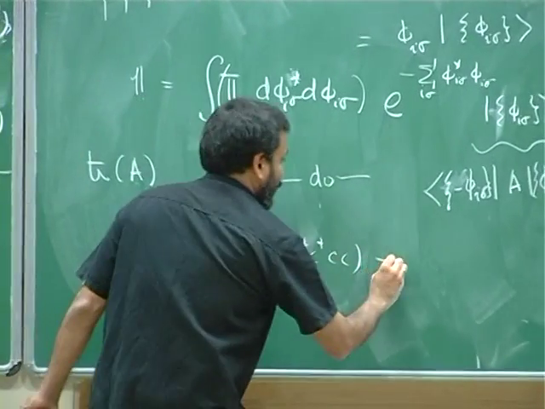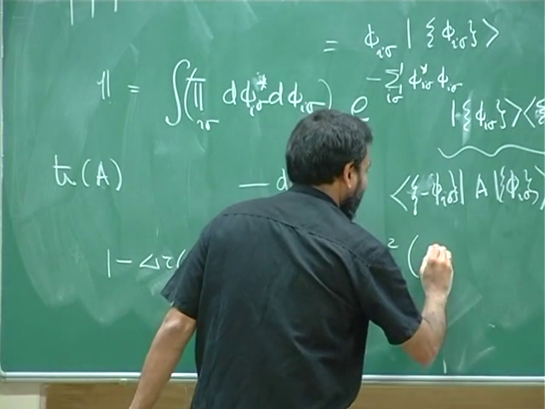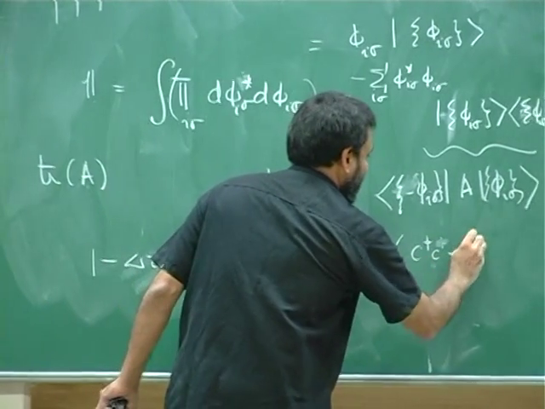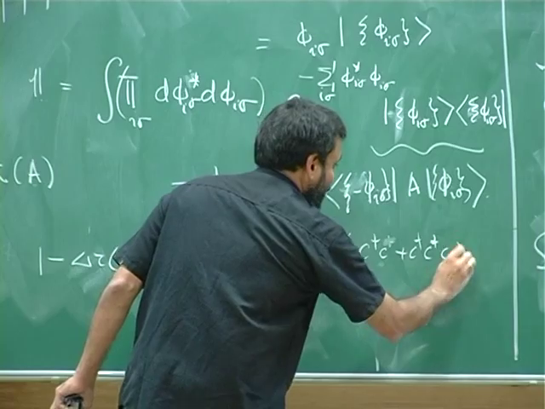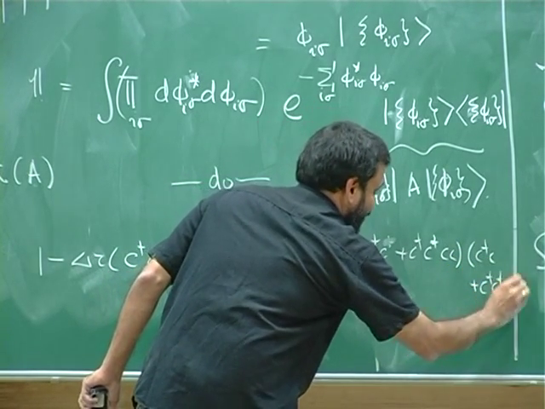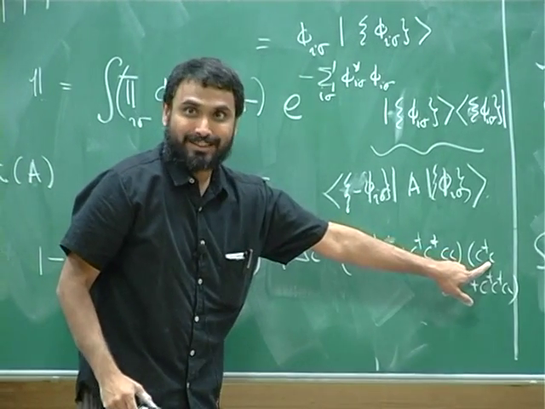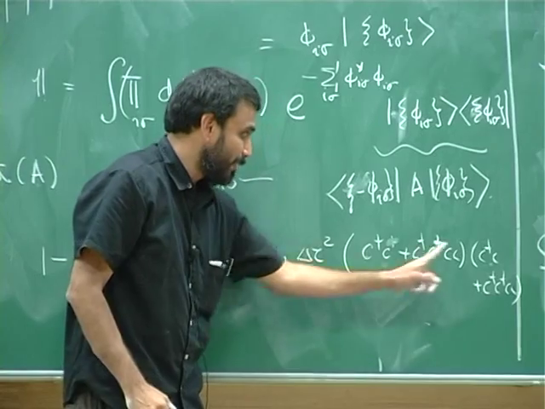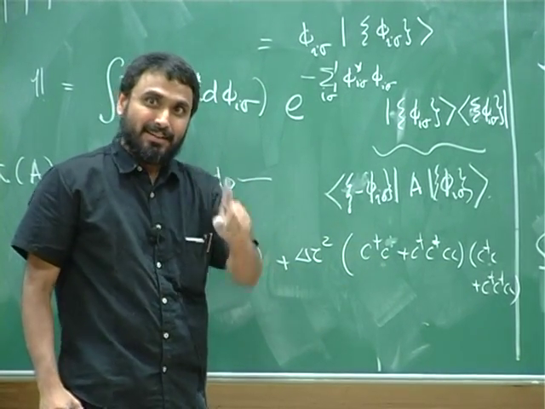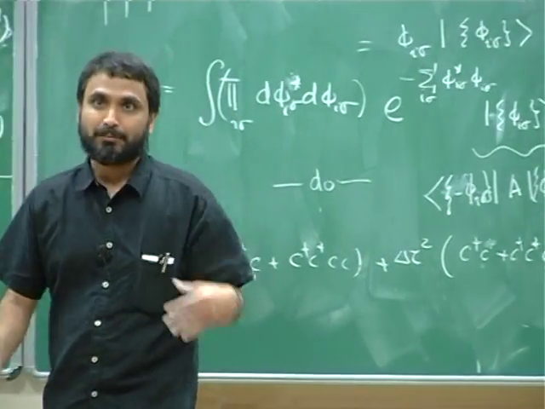And then I will have a quadratic term, which is delta tau square, open bracket, C dagger C plus C dagger C C multiplied by C dagger C plus C dagger C C. This is what I want to do. And suppose I take this guy with this guy, I have to normal order it. So when I normal order it, I will flip the C dagger through the C, which will give me 1. That 1 will multiply with delta tau square, which I am going to throw away. So I have lost something of order delta tau square.